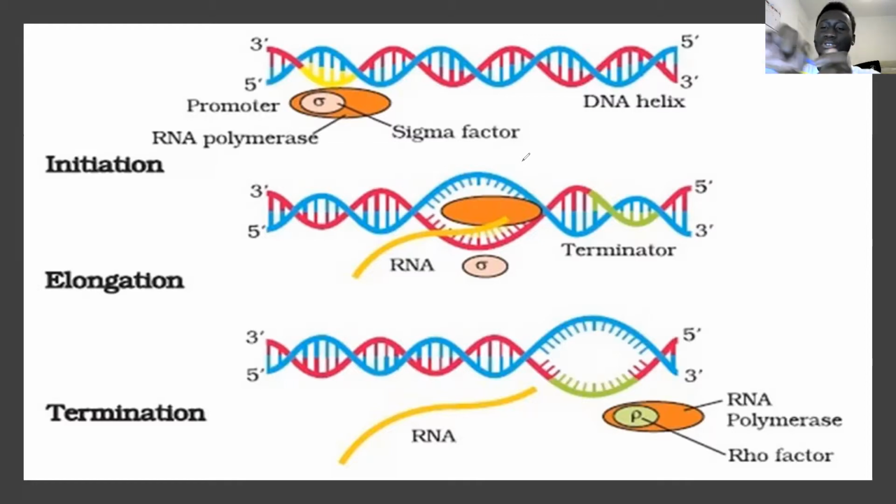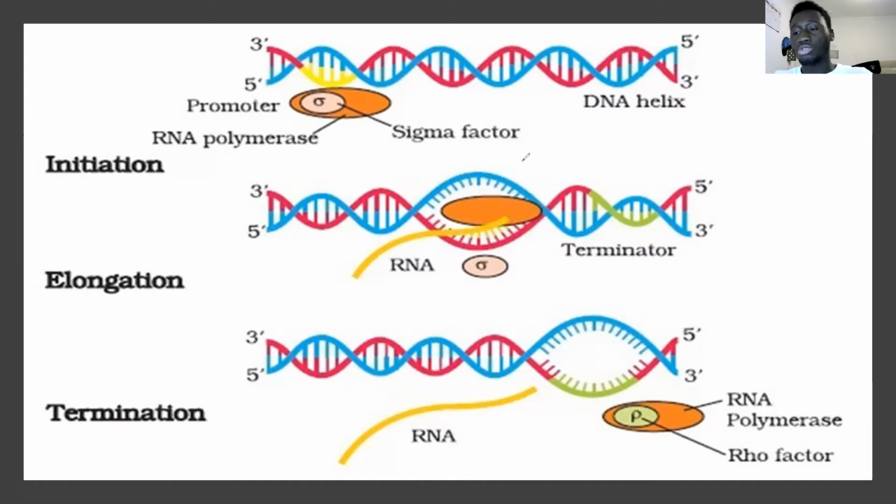So when it gets to the terminator part, what happens is it dissociates, right? And when it does that, the mRNA also dissociates from the RNA polymerase, right? So all these things happen in the nucleus, right? Then the mRNA, like I said, depends on the type of cell you're talking about.